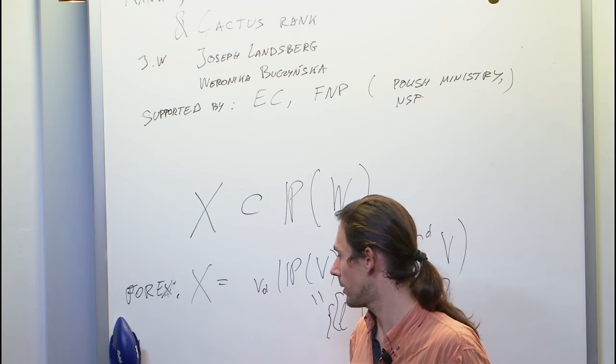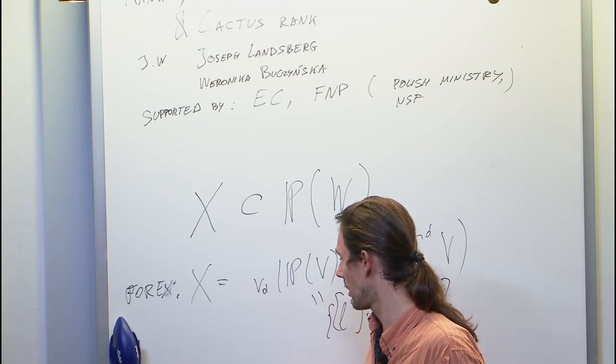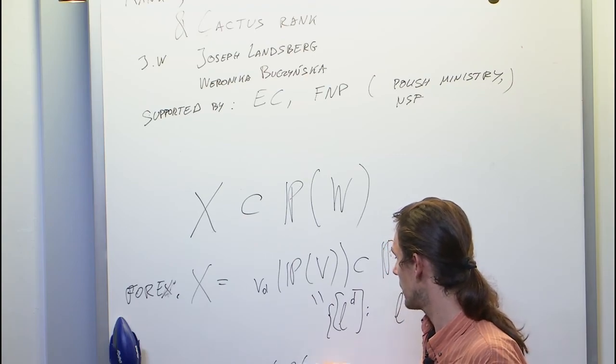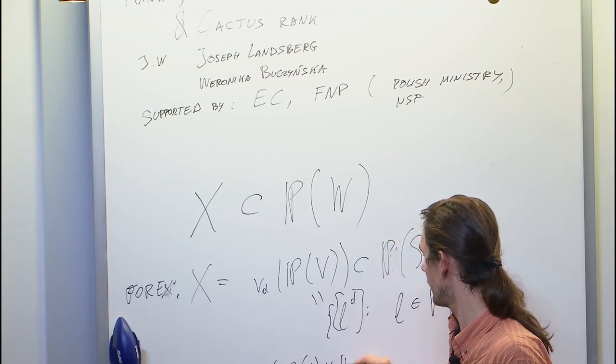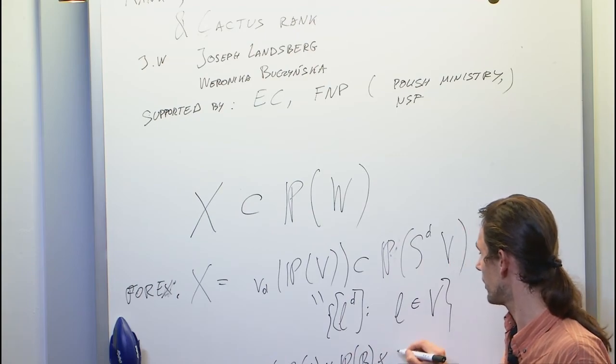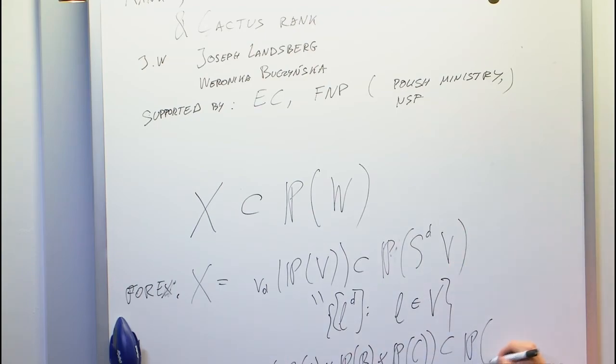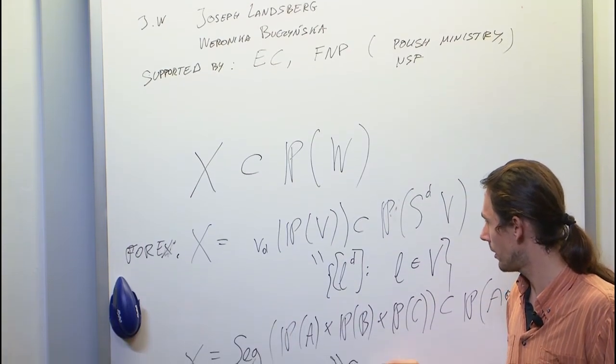Or you can think of Segre variety, with 3 factors if you want, or you can take more factors, inside the projectivization of A tensor B tensor C. And this is also the set of simple tensors here.